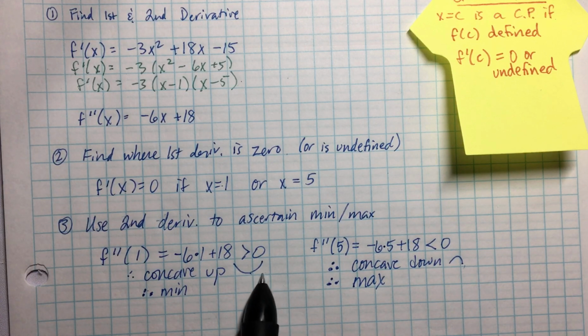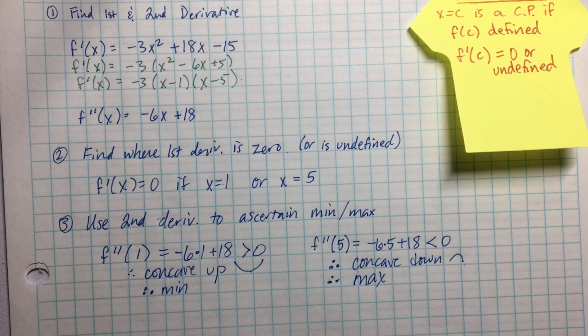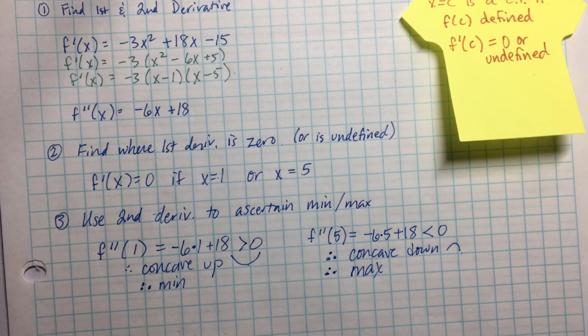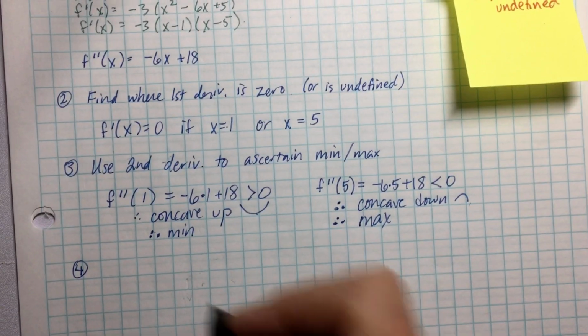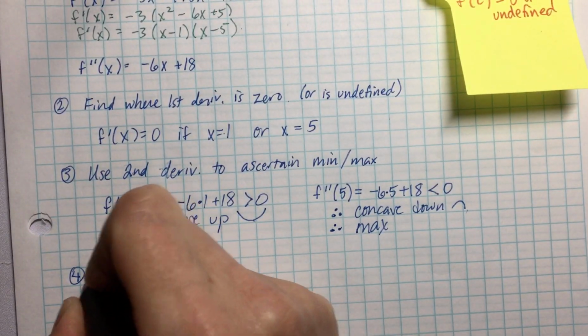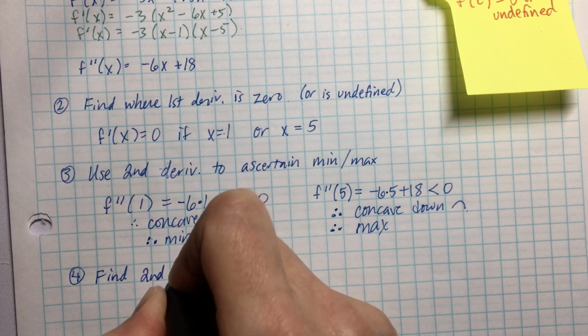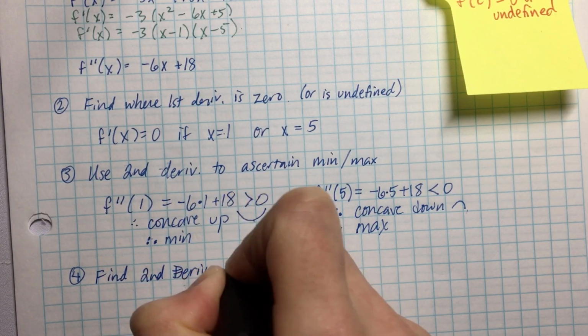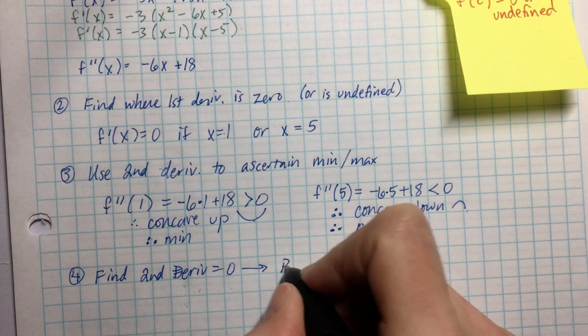And obviously, if you have some of your function being concave up and some of it being concave down, you have to switch in between. So we're going to be looking for our point of inflection, and that is going to be where our second derivative is 0. So we're going to find where the second derivative equals 0, which will tell us maybe if we have a point of inflection.